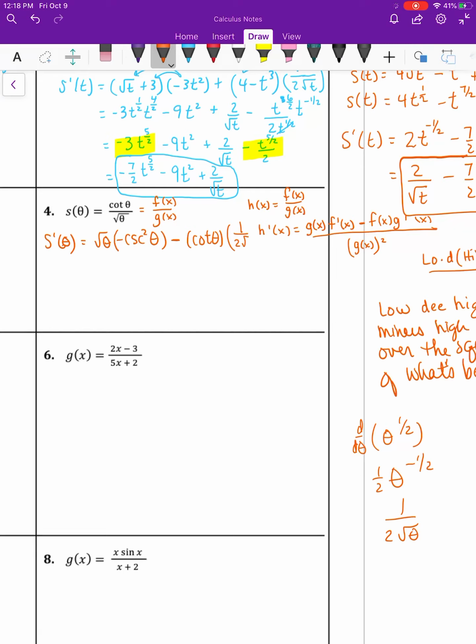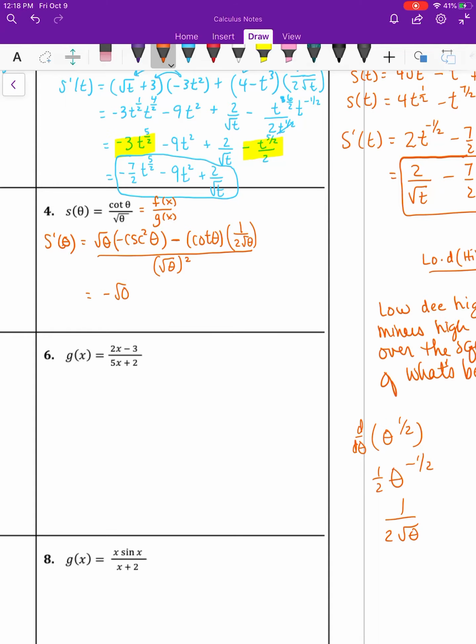So low d high minus high d low over the square of what's below. So I'm going to take this and square it. And I'm going to erase that so we have some space, because we need to simplify.